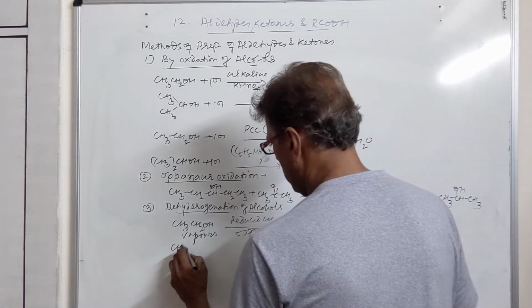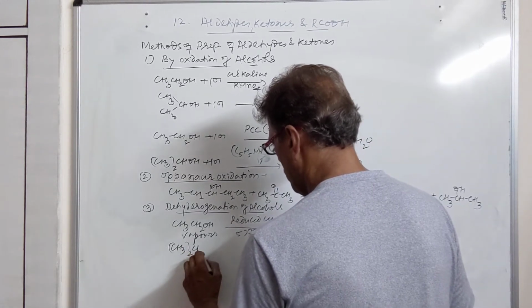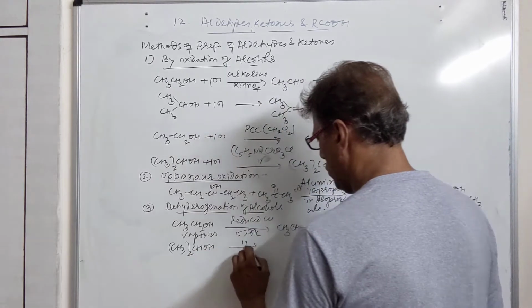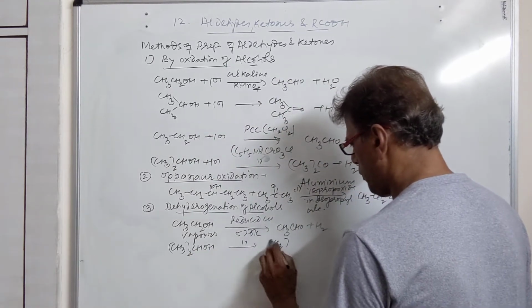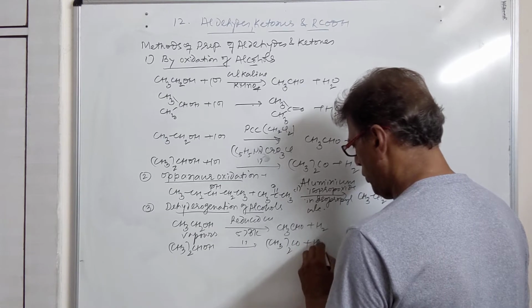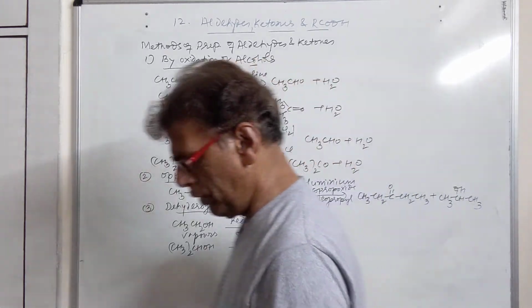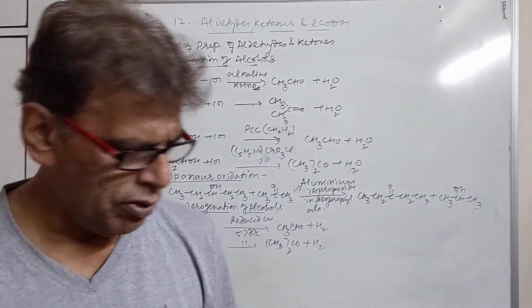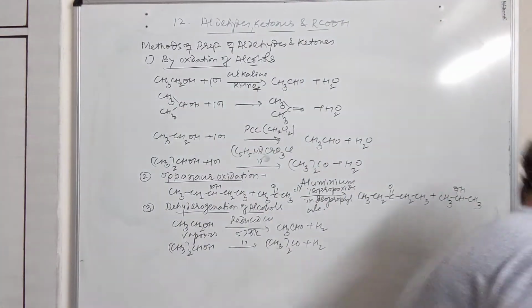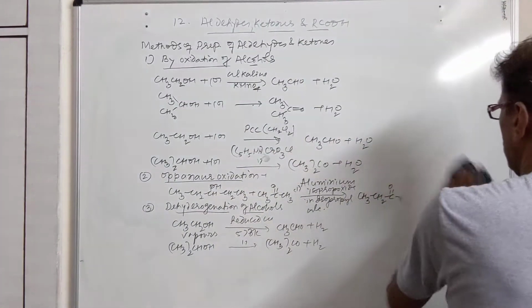If we have a secondary alcohol, then the product obtained is a ketone. It is acetone. So this is dehydrogenation of alcohols to give you aldehydes and ketones.